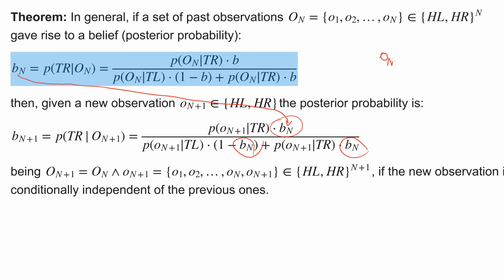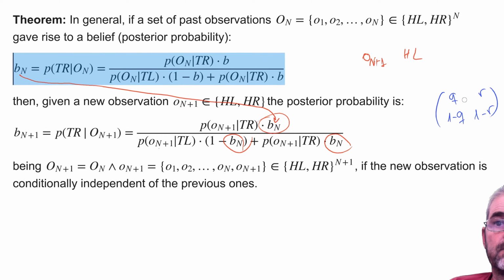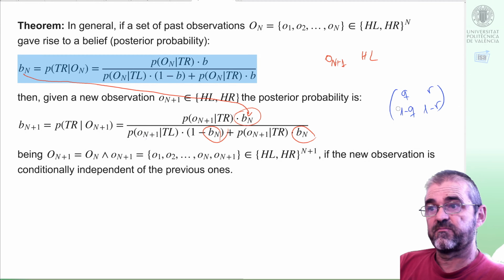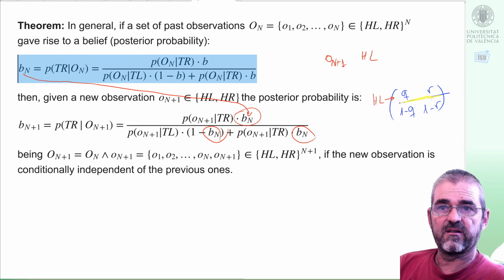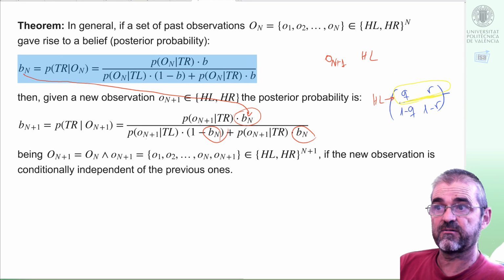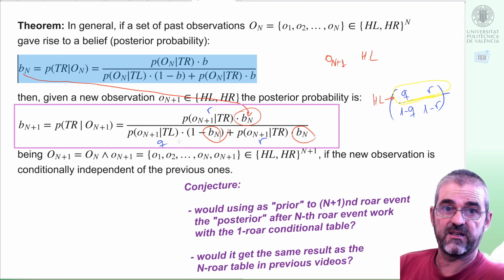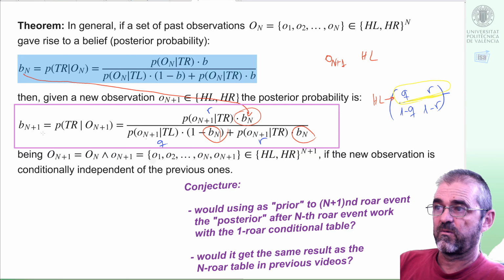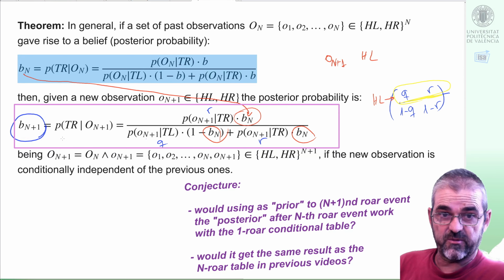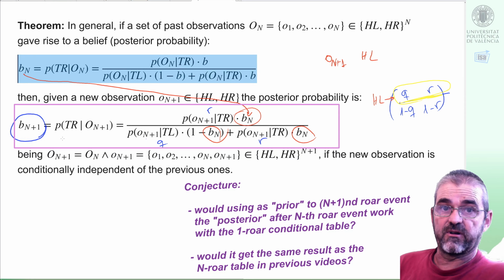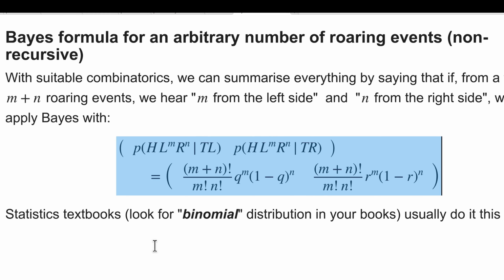So for instance, if O n plus 1 lowercase had been here left, then because the conditional was like this, if I here left, I would think in this row of the single roaring table, so this will be, let's say, R, and this would be Q. So the thing is that if I use the single roaring conditional table with the prior given by the posterior of the past observation, will this be the actual posterior probability I would have computed with the non-recursive table in here?